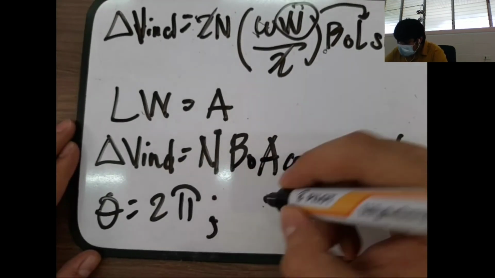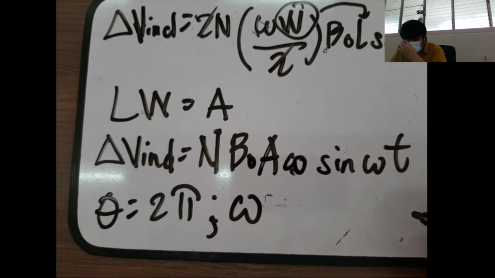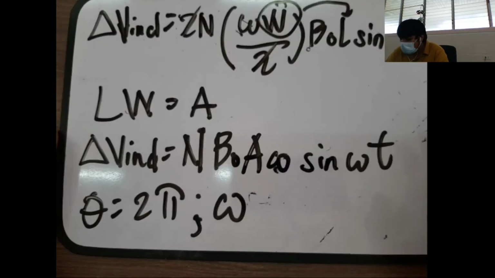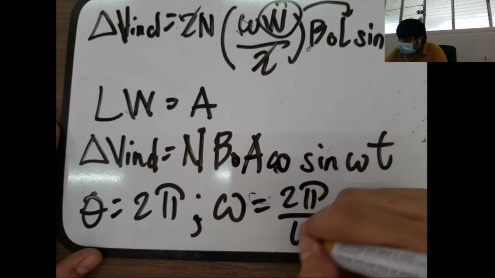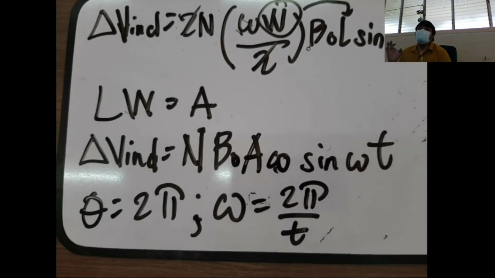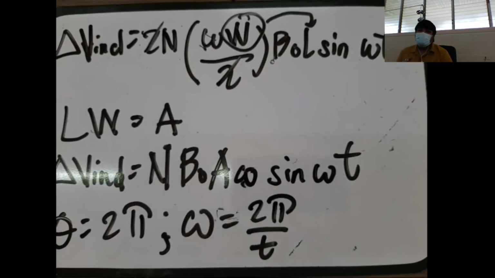Thus, from the formula of angular velocity, which is theta over time, angular velocity is 2 pi over t. Okay. Now, if you're familiar with the concept of frequency, frequency is the number of cycles.